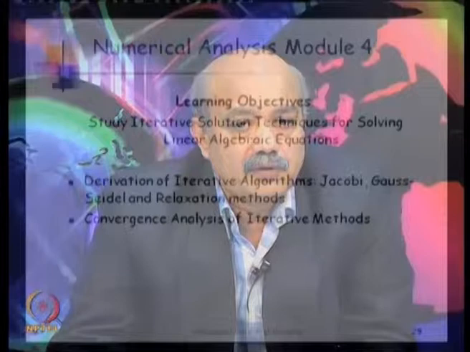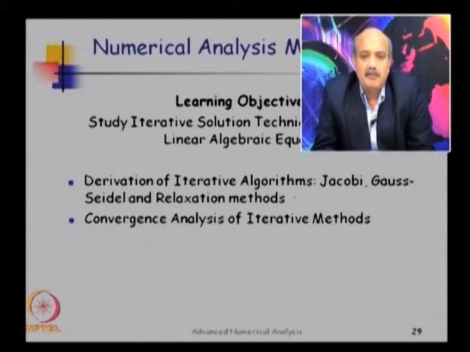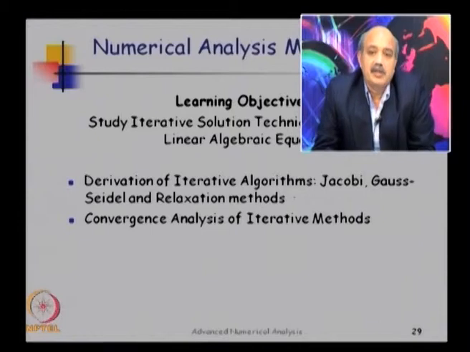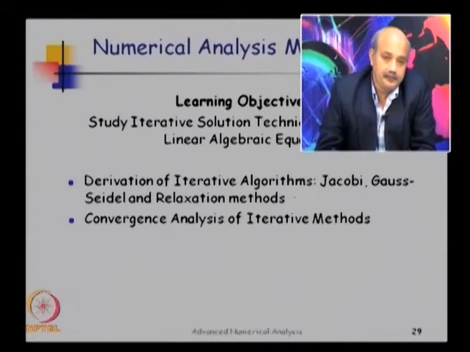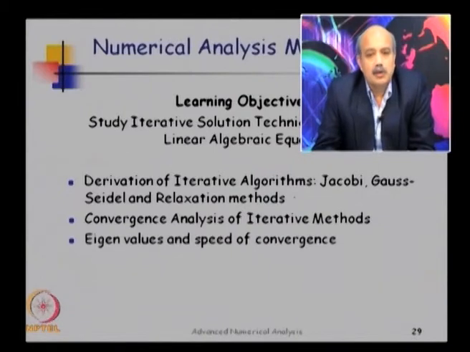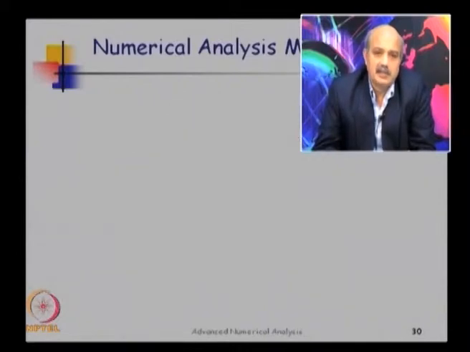I am going to spend quite a bit of time in understanding the convergence of these schemes. The question is, if I start with a particular guess, what is the guarantee that the iterative scheme will converge to the solution of the linear algebraic equations? That will be analyzed systematically using the concept of eigenvalues, and we will see the role of eigenvalues in the speed of convergence or the convergence itself, and then we will look at some special forms of matrices that enhance convergence.